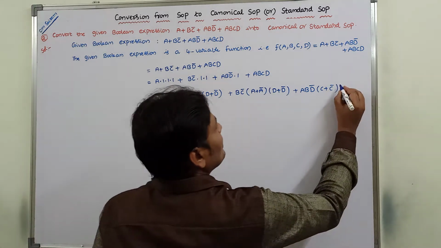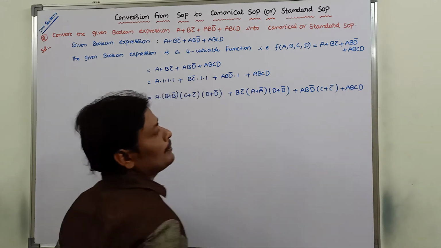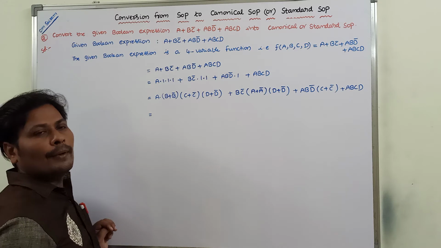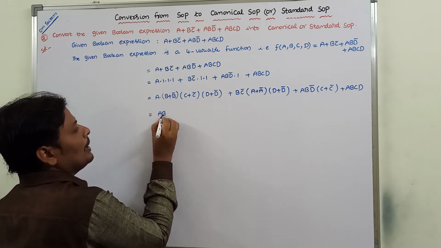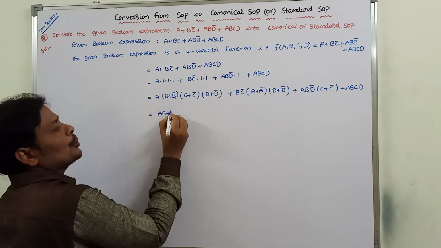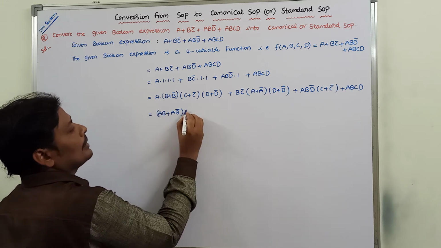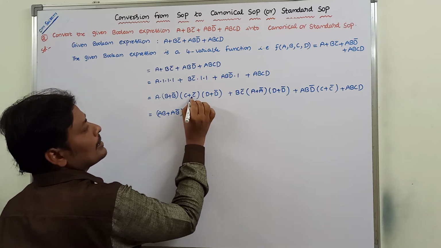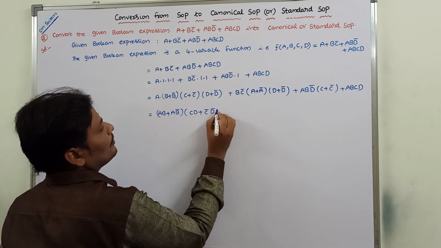In the fourth term, no variable is missing. Next, we have to multiply them. So a into b is ab, plus a into b bar is ab bar. Next, c into d is cd, plus c bar into d bar, so c bar d bar.